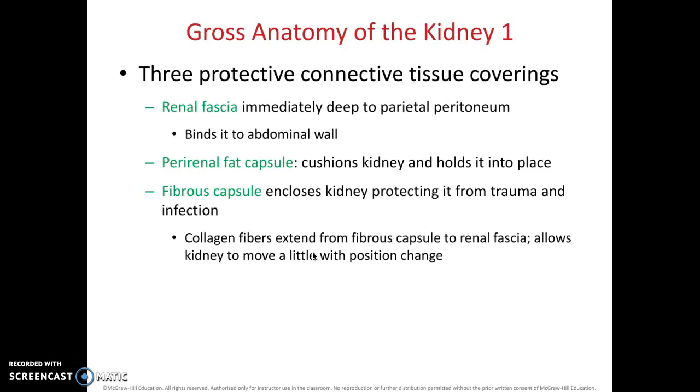So the deepest is the fibrous capsule that encloses the kidney and protects it from trauma and infection. This is made up of collagen fibers that extend from the fibrous capsule all the way to the renal fascia. This allows the kidneys to move a little bit when you change positions, but not too much, because of course you don't want your kidneys floating around in there.